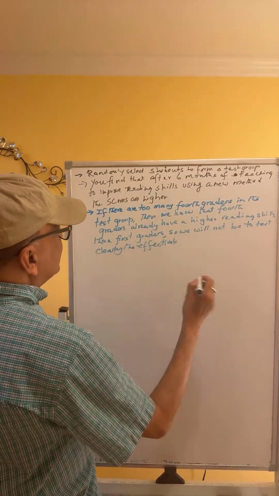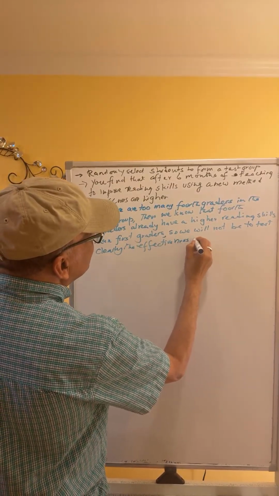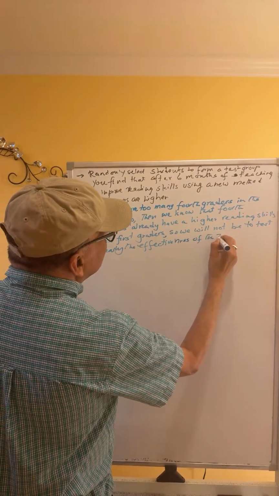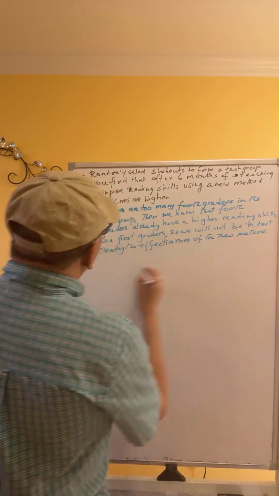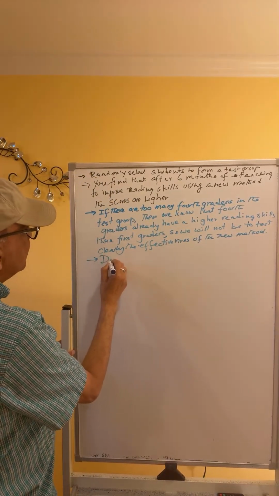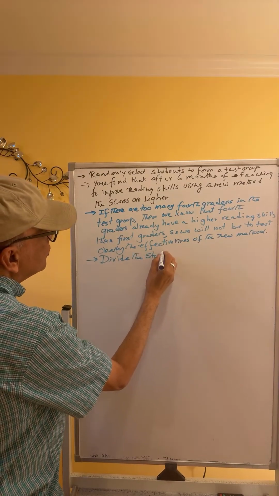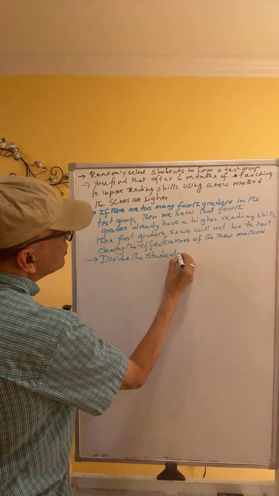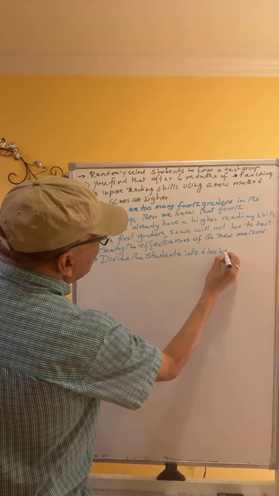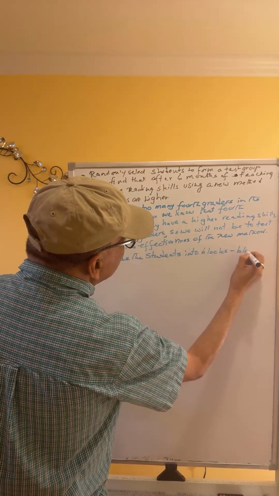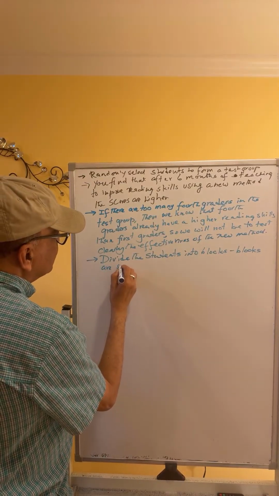We will not be able to test the effectiveness of the new method. So in this case, what is the best option? Divide the students into blocks. What are the blocks here? Blocks are the grades, or separate grades.